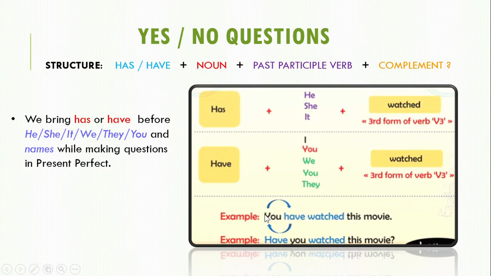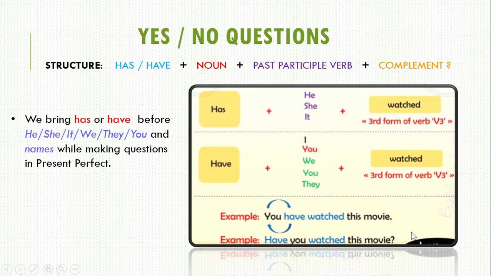Here we have an example of an affirmative sentence. You have watched this movie, and if we change the auxiliary, we bring it to the beginning of the sentence, the question will be: have you watched this movie?